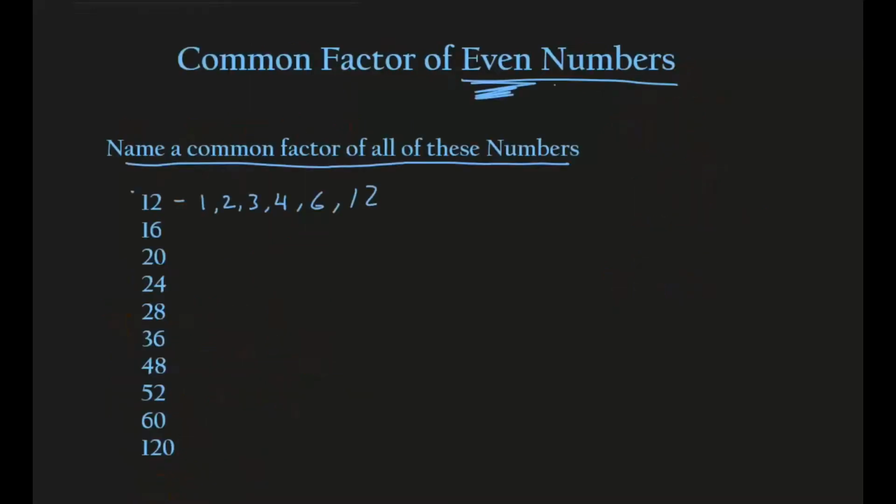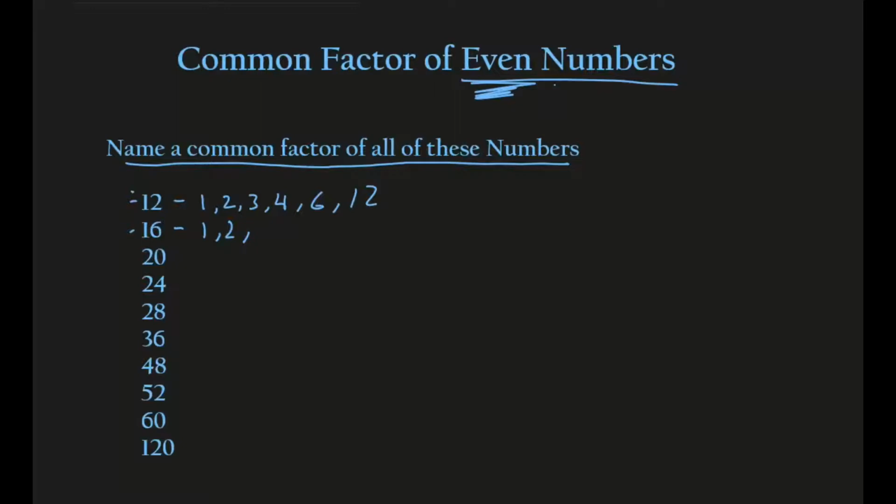Now let's find the factors of 16, but not all of them, just the ones that are also factors of 12. So 1 is a factor of 12 and 16. That's why we're writing it down here. We're going to narrow it down. Next would be 2, because 2 times 8 is 16.